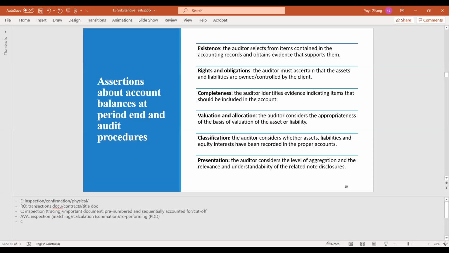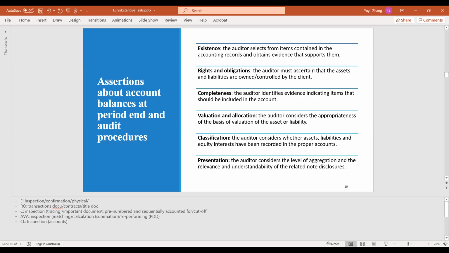So classification. What would be the typical test for the classification assertion? It is often done also by inspection, but will focus on the proper accounts, right?